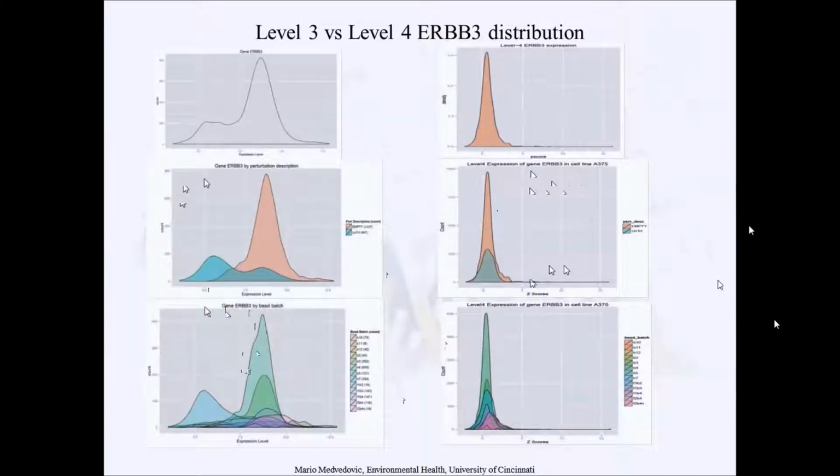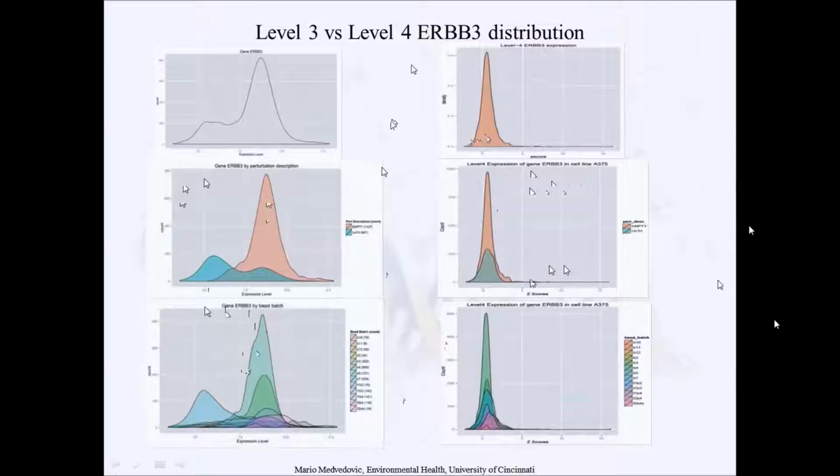So the next thing that we did is actually look at level 4 data. Level 4 data, these ZMAD scores, is the level that the Broad Institute advocates for people to use.